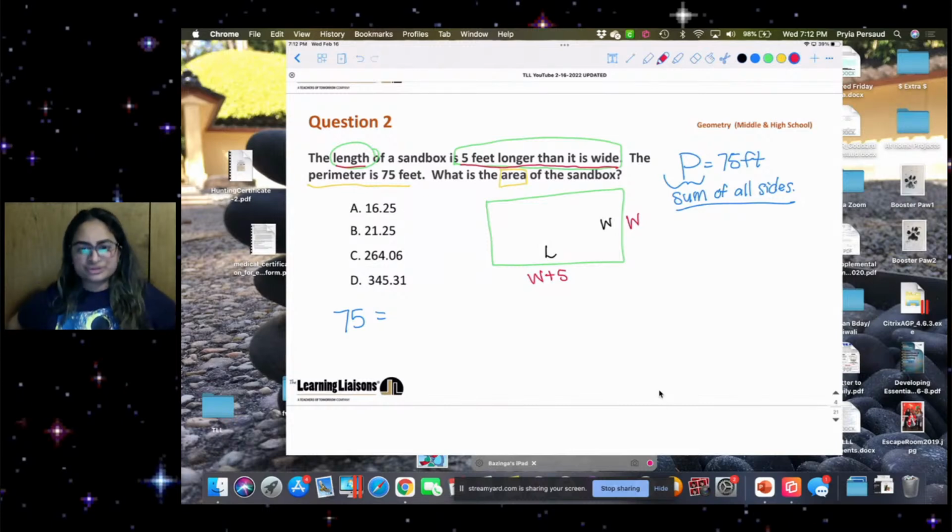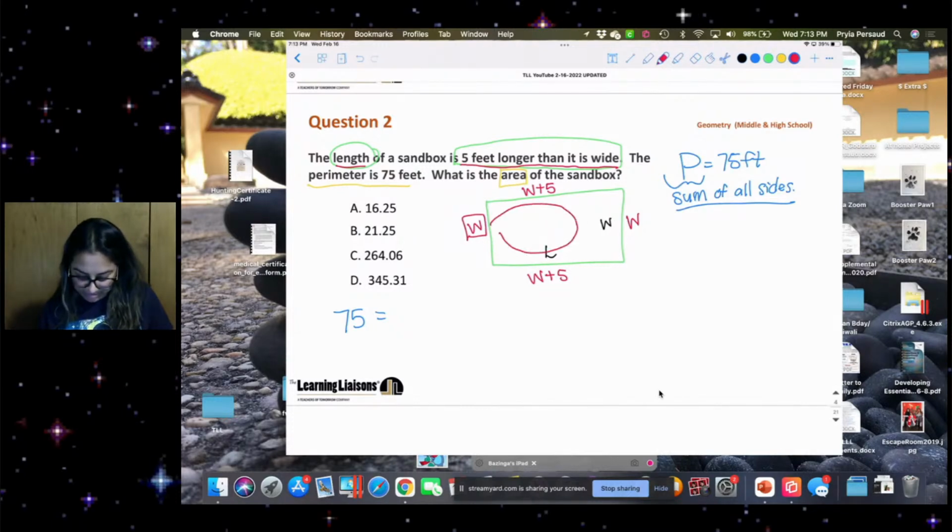But wait, I only have 2 sides. So what that means is I have to fill in the other pieces of information. Remember, the opposite sides of rectangles will give us what we need. So I'm going to start here with this W, and I'm going to work my way around and back to the W. So W plus 5 plus W plus W plus 5.